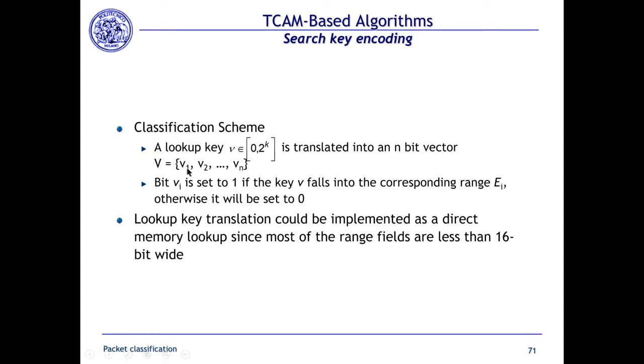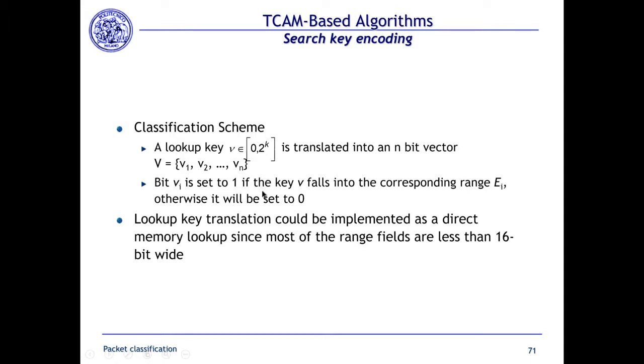The header has a set of values for the fields, and we take the field where we have ranges, and we transform it into an n-bit vector. This n-bit vector contains as many bits as there are ranges defined.